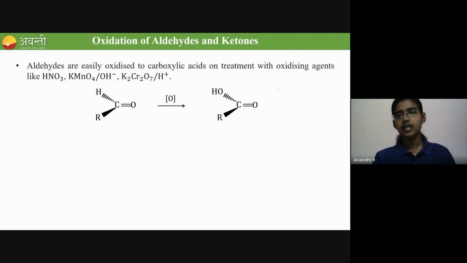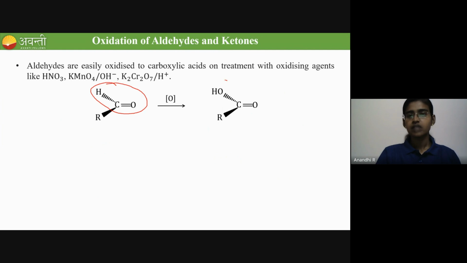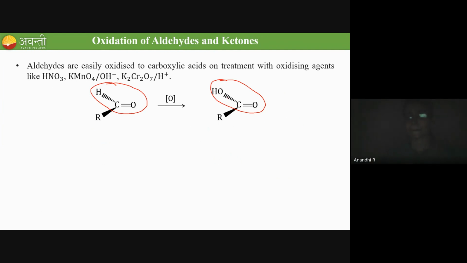You will get carboxylic acid. That is, the CHO part will be converted to COOH, carboxylic acid. Aldehydes on reduction form alcohol. Aldehydes on oxidation form carboxylic acid.